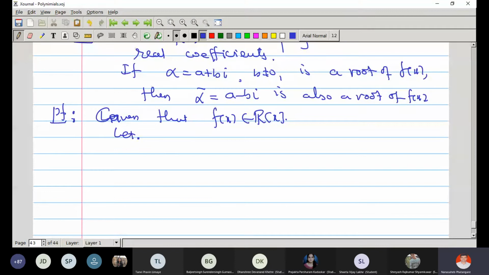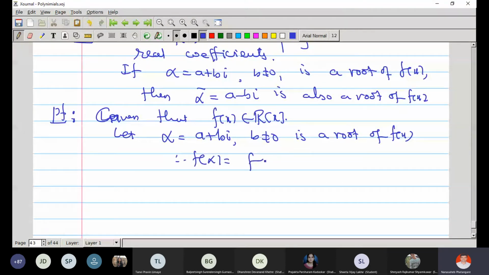B non-zero means our root is a complex number. In case of real, the story is different. So alpha is a root of this. Therefore, f of alpha, that means f of a plus bi, is 0.